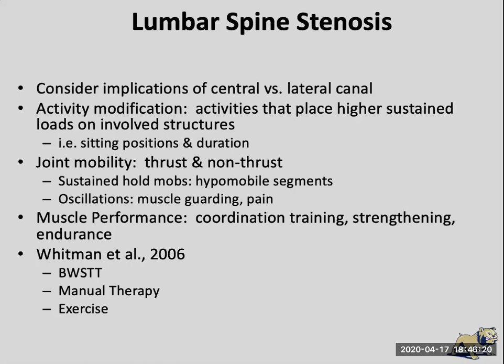Muscle performance, training endurance and coordination and strength of stabilizing structures for the spine. And also new literature, I say new literature, but it's been coming out for quite some time now. Strategies involving the body weight supported treadmill system have been shown to be beneficial.